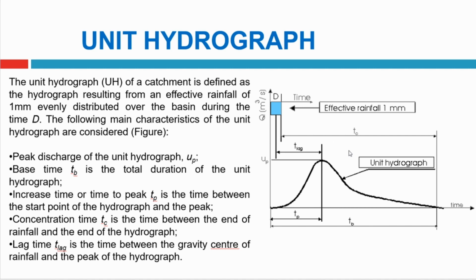Now the question is, it is practically impossible to create an effective rainfall of 1 centimeter on the catchment area, so it is practically impossible for us to determine this unit hydrograph directly.